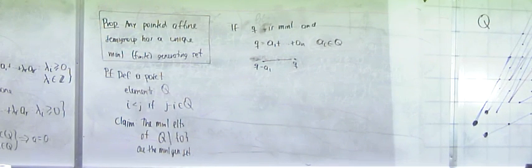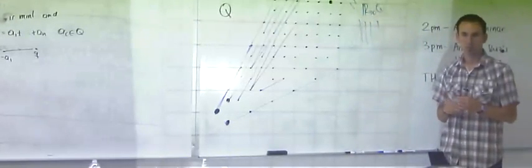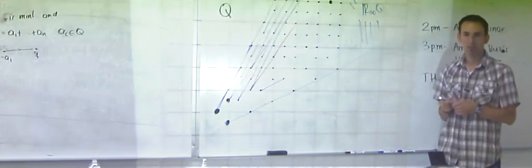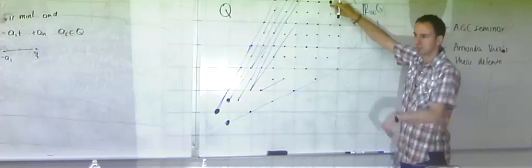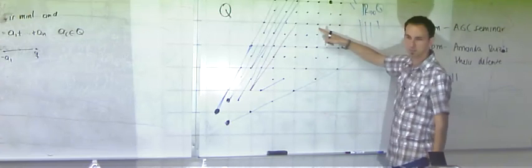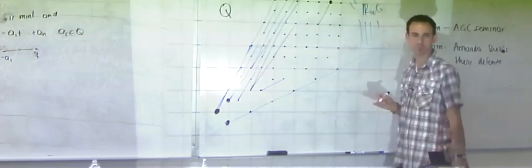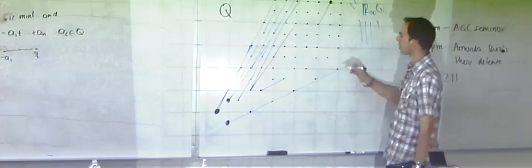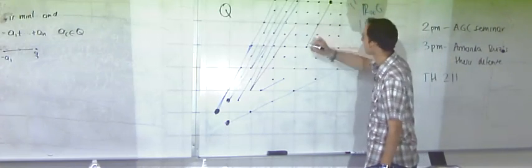Okay? Now, if Q is not minimal, like this one is not minimal, then I want to prove that I'm able to write it in terms of minimal ones. How do I do it? Well, if this guy is not minimal, then it means that somebody's below it. And so let's just walk to one of the things below it, whichever one it is. Okay? Maybe it's this one. And then maybe I walk. So if this is minimal, I stop. If it's not minimal, I keep walking.